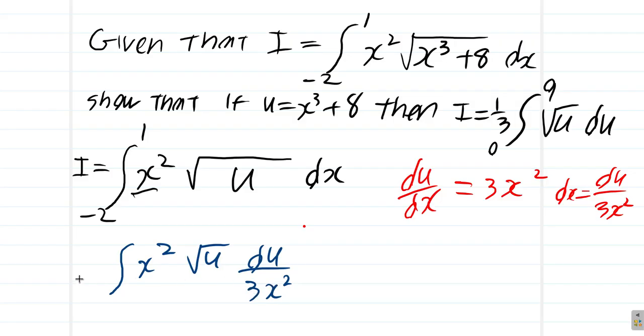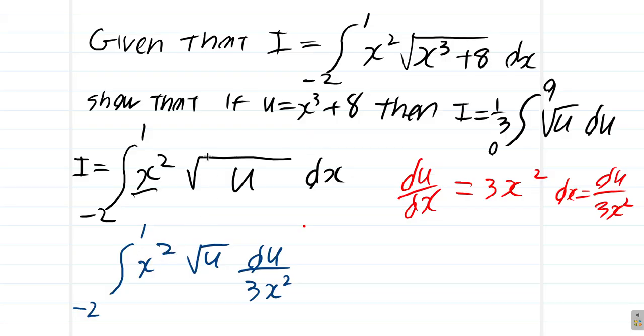Now, we initially had -2 to 1, but guess what? It is no longer an integral with respect to x. It is now an integral with respect to u. So we have to modify these to make it u.